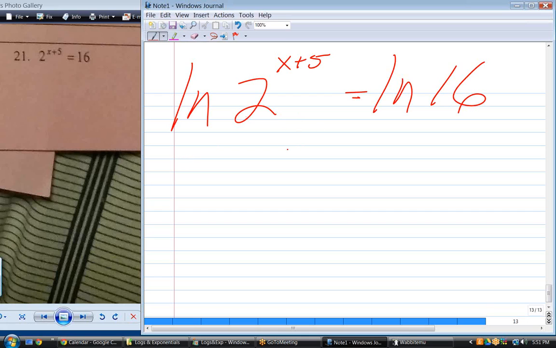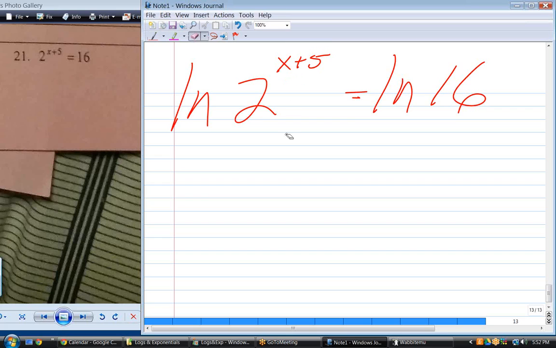And what's the next line? In other words, that no longer equals 1, so we can't solve it the way we solved the last problem. But what can we do here? What can I do with this exponent?